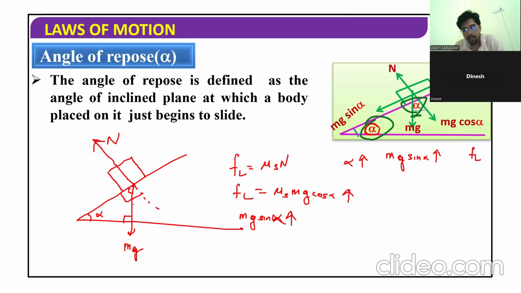This is 90 minus alpha, and this is alpha. So mg cos alpha, mg sin alpha, and this is limiting friction.